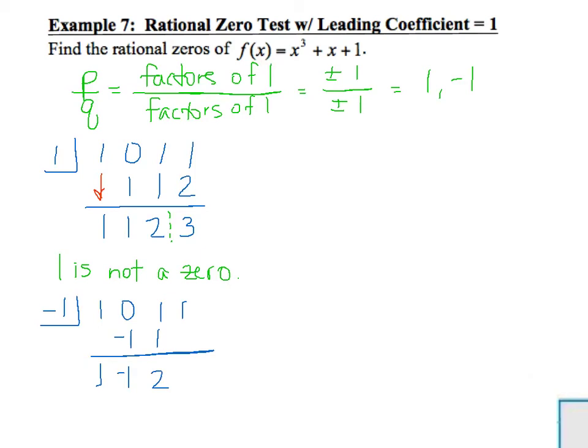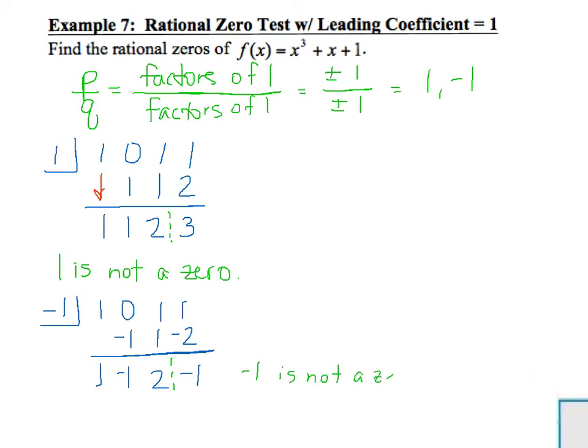Negative 1 times 2 is negative 2, which gives a remainder of negative 1. Once again, if your remainder is not 0, that means that negative 1 is not a 0 either.